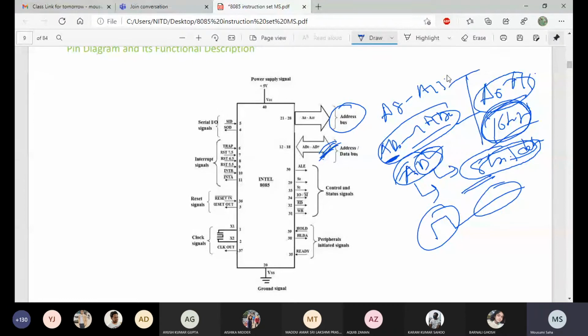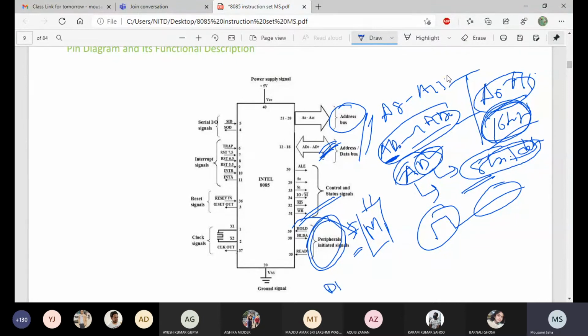So these are the address and data bus, and you have some control signals. Read and write should of course be there, because memory also has an address bus, data bus, and read and write control signals. With the help of that, the CPU can control the memory. And you will study DMA later, I will teach you that.